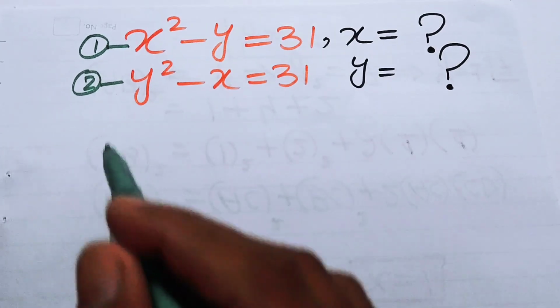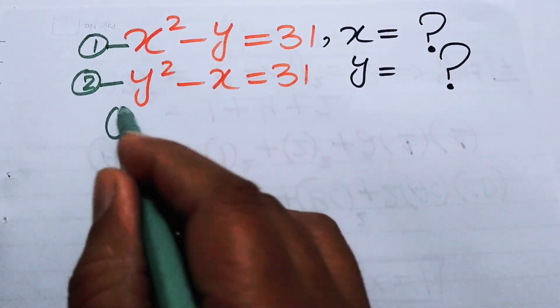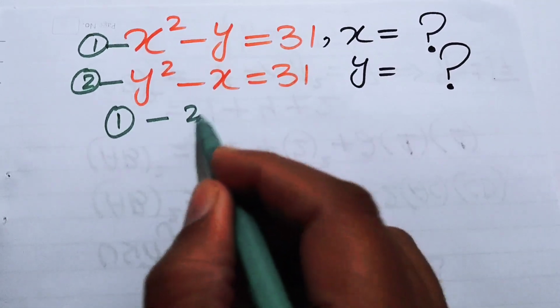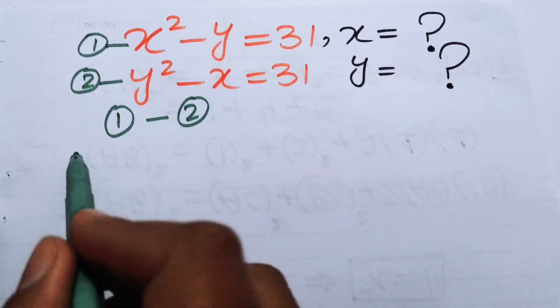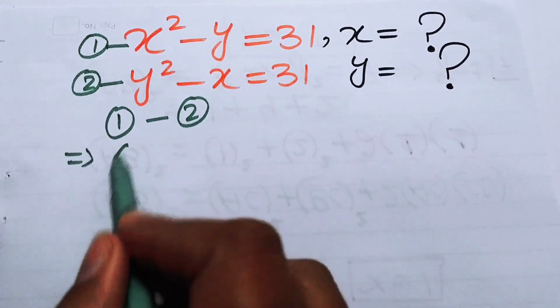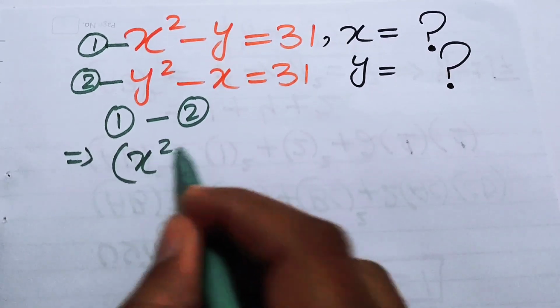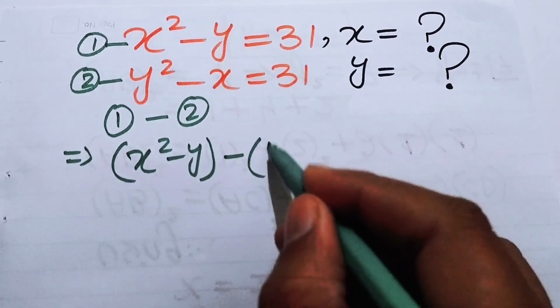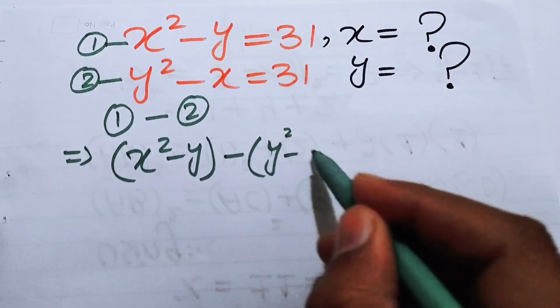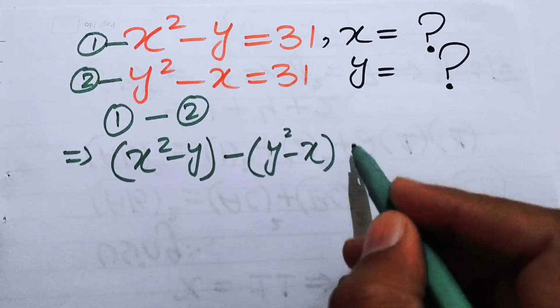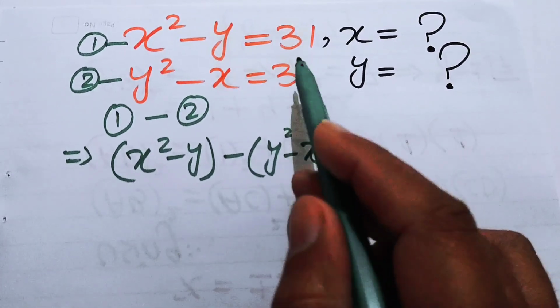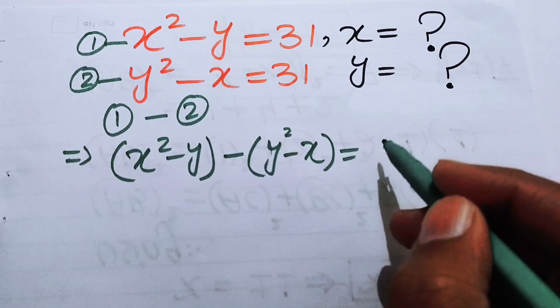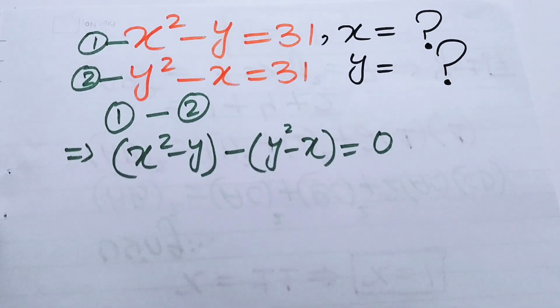So now we just subtract these two equations. We subtract equation 1 by equation 2. So here we write equation number 1, which is x square minus y, and minus equation number 2, which is y square minus x, and its right hand side when we subtract these two terms it becomes 0.